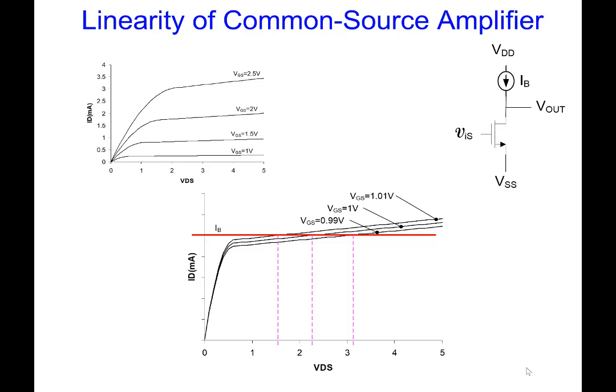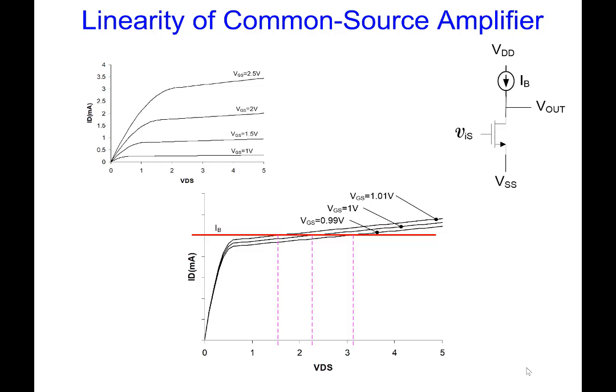And as the gate to source voltage changes, I'm going to correspondingly have different currents flowing. So I've got three different curves here, VGS1, VGS2, and VGS3. I'm going to assume the quiescent value is 1 volt, and I can go down to 0.99 volts or up to 1.01 volts. So this would be a 10 millivolt change in the input voltage.